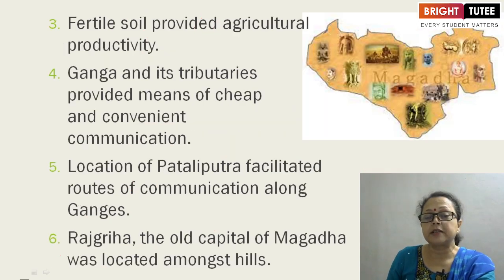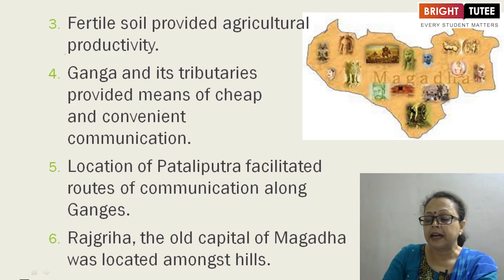Now coming to the fertility of the soil. The fertile soil provided agricultural productivity. Magad, where is it? It is in the northeastern part of our country: present-day Bihar, part of West Bengal, Odisha, and eastern Uttar Pradesh. The entire region was considered Magad. The Ganga and its tributaries provided means of cheap and convenient communication.